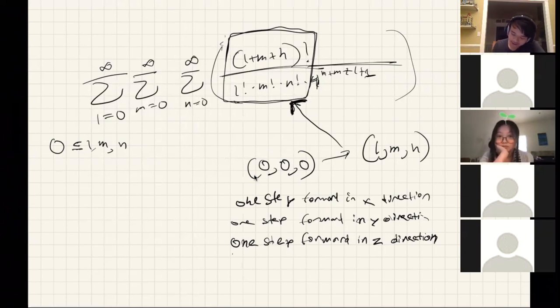So now you need to think about this part, right? The 4 to the 1 over 4 to the power n plus L plus 1. So when you see this, you should think about probability.